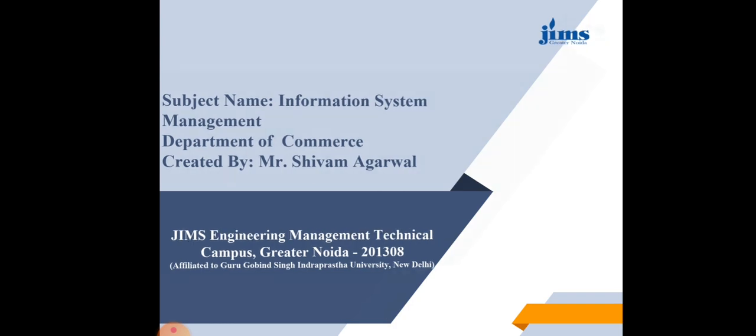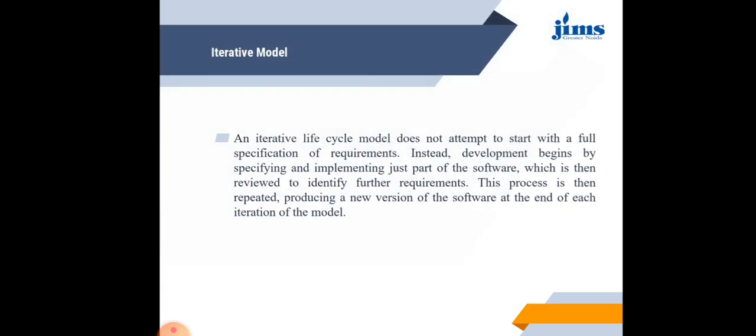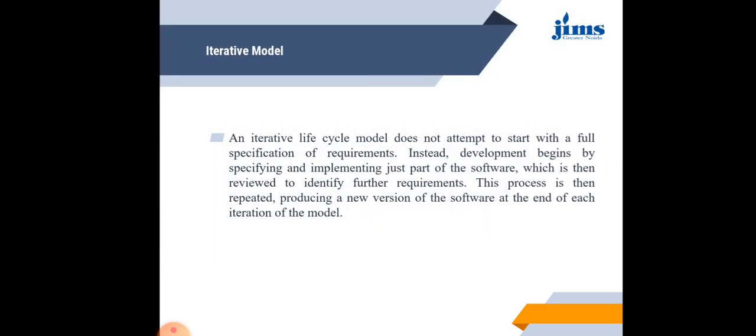In the previous lecture we defined the waterfall model: why we use it, the process of using it, the phases we have to complete, and its advantages and disadvantages. The main advantage of the waterfall model is that it is less time consuming and a cheap model, but the disadvantage is that we cannot go back from one stage to the previous stage.